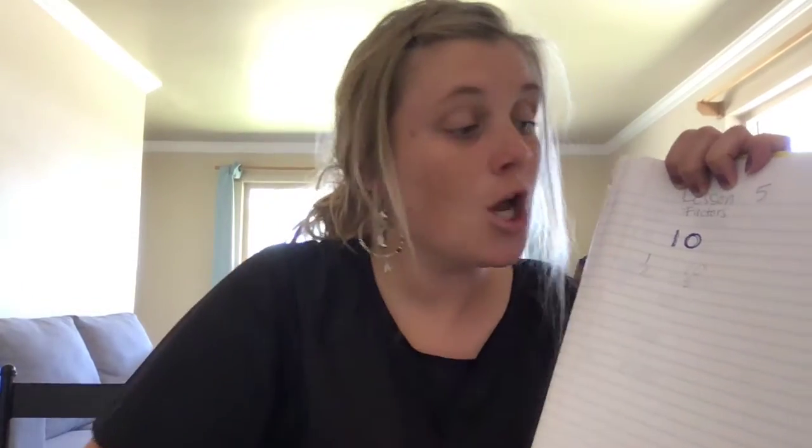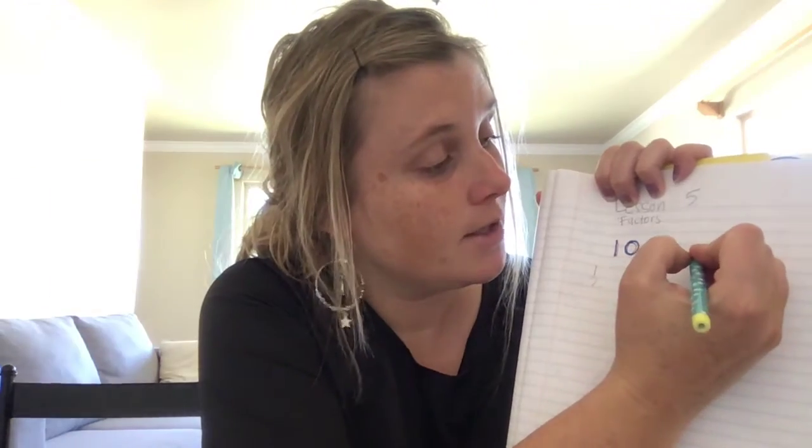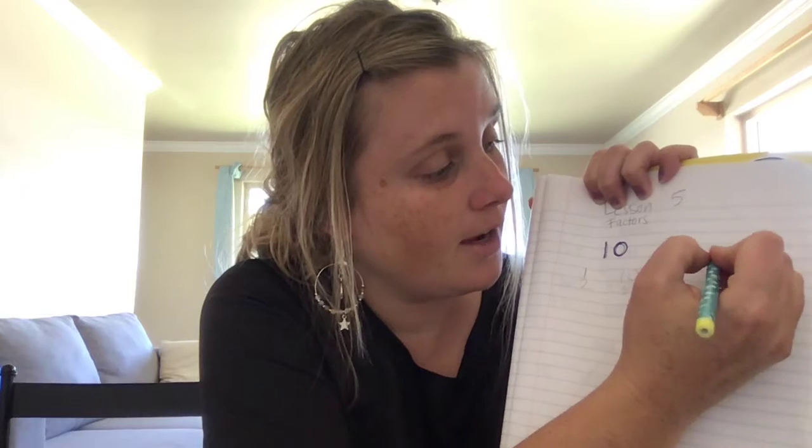How about 6? How about 7? How about 8? How about 9? How about 10? 1 times 10. So 10's factors are 1, 2, 5, and 10. Can you write all this down?